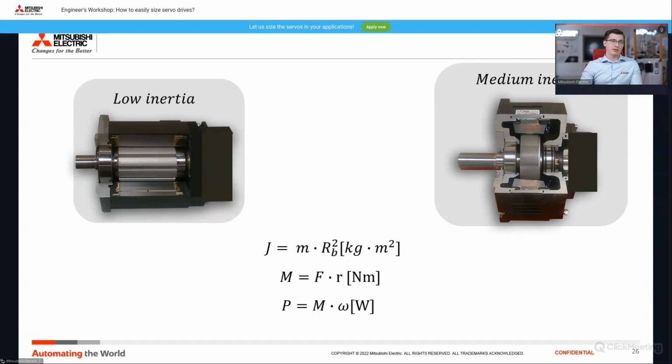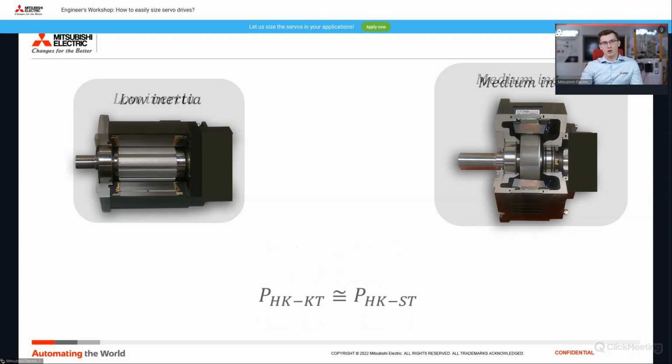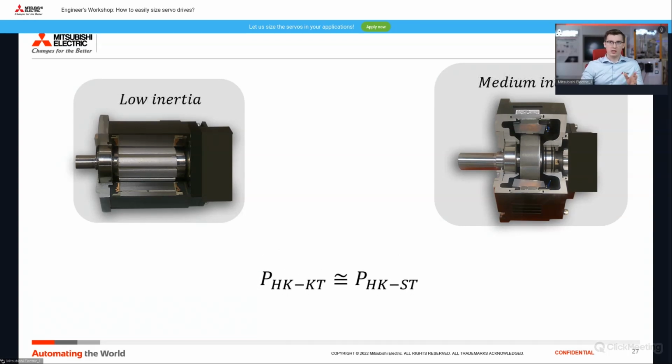And when you calculate the capacity, the power, the simplest way is to take the torque multiplied by the rotational speed. This is the angular speed, but still rotational speed, angular because of the units, and of course the capacity in watts. So let's say 1 kilowatt motors, the same capacity.